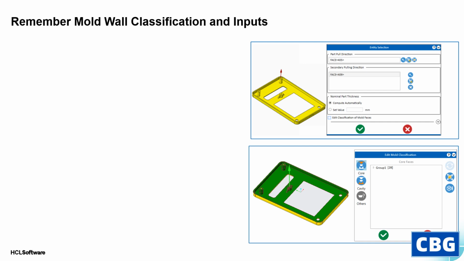With this already in place, what we are providing as an enhancement is that once these pulling directions and mold wall classifications are entered by the user, all inputs and modified mold classifications will be remembered for the next run. After a part modification, if the designer reruns the DFMPro analysis, all previously added inputs and classification of the mold faces will be remembered.